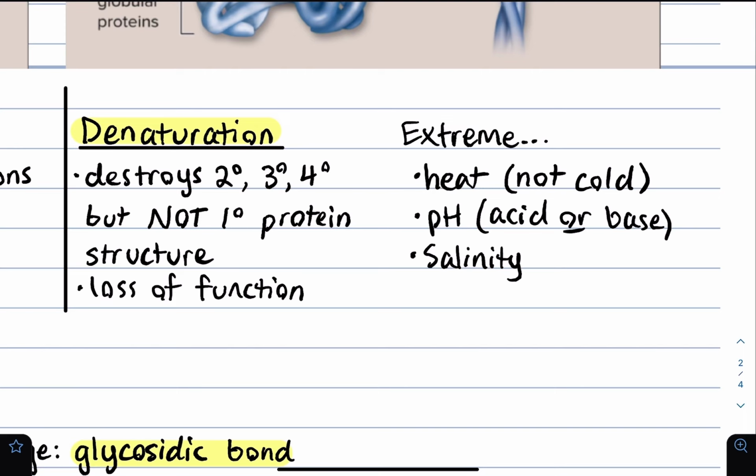Or some of them are going to work at weird pH values, like our stomach enzymes that live in acid. So it's less about the absolute number, but more about how the number compares to the protein's optimum. So for example, if I have a stomach acid enzyme that likes being in pH 1 and I put it in pH 3, it is going to denature, and it's going to lose its function because structure and function are very related in biology.